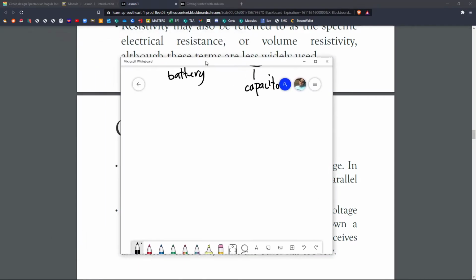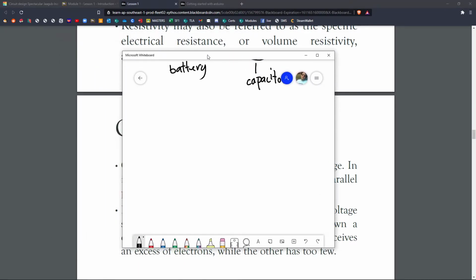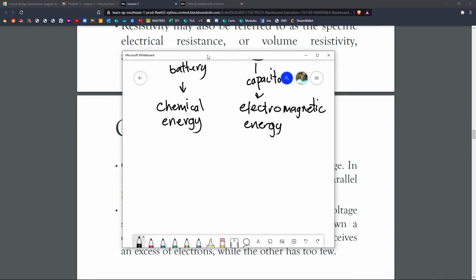A battery stores energy chemically. Meanwhile, capacitors store energy electromagnetically.